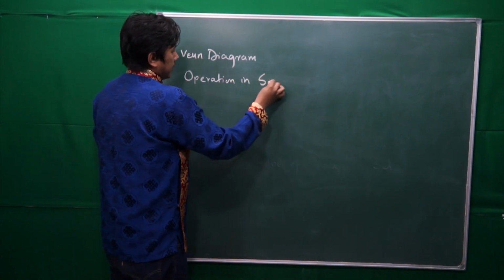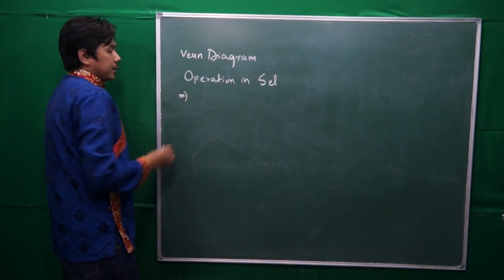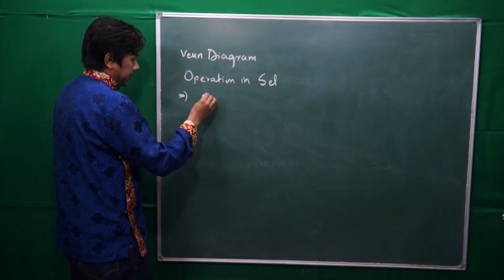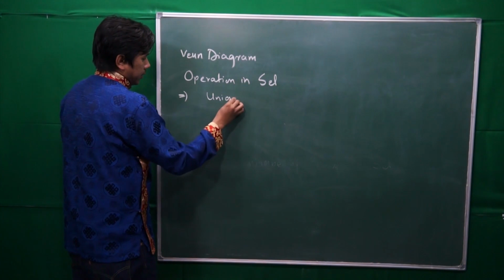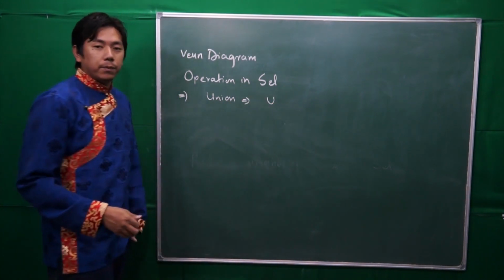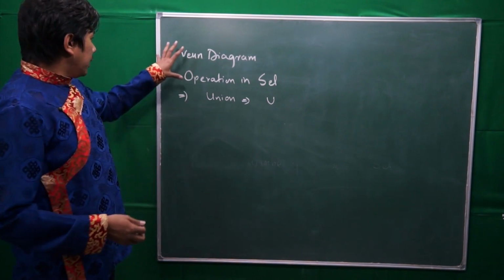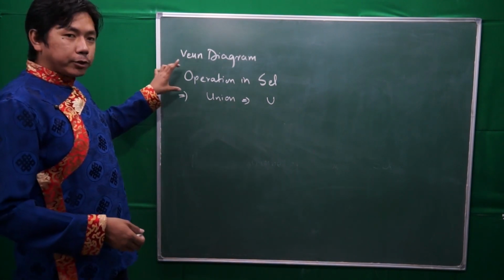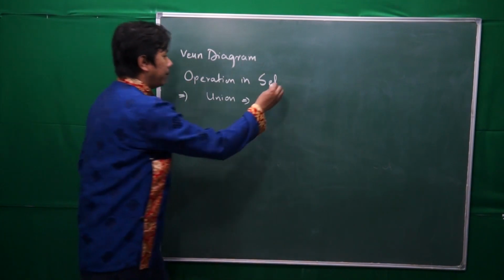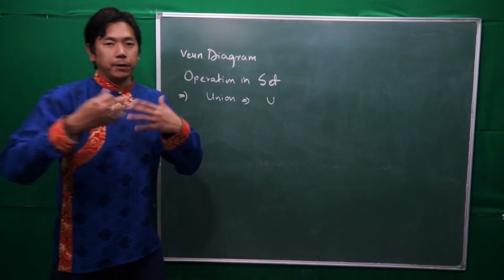Operations in set. First, union, represented by a U. Now I'll be combining the Venn diagrams topic with operations in set, and you can understand clearly how a Venn diagram and operations of sets function.